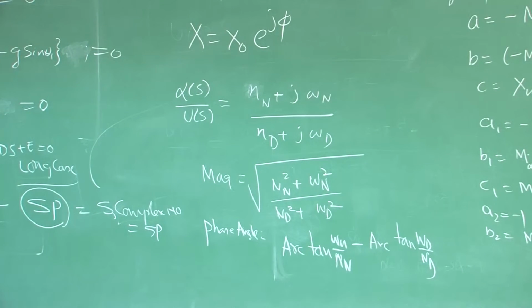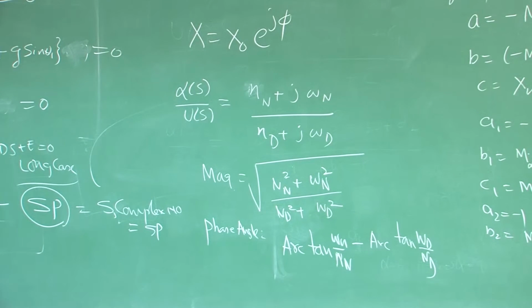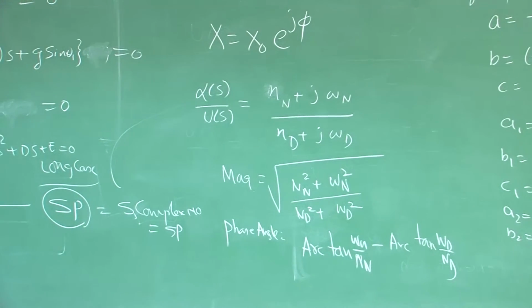So let us again revisit how I find this phase difference or magnitude to understand the mode shape of the motion variables alpha, theta and u.